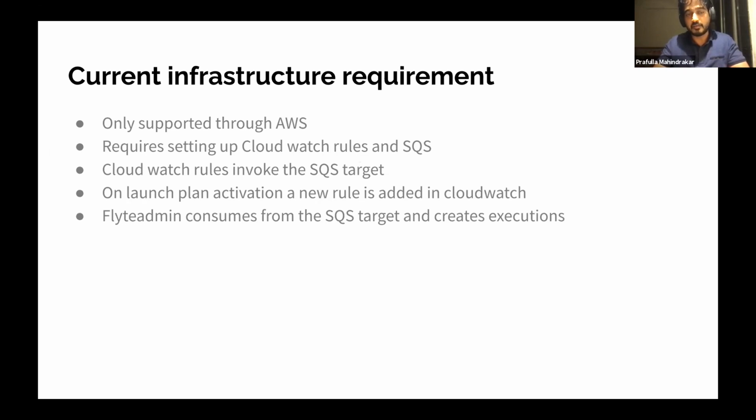A payload gets sent from the CloudWatch rules, so whenever that rule is triggered, the SQS queue is populated with a payload, and Flyte admin listens to that SQS target for running those executions. That's how we currently support scheduled workflows.